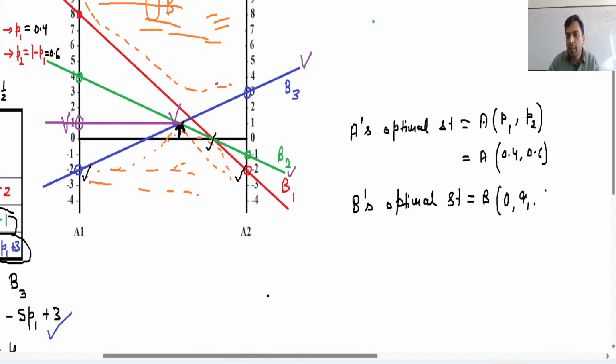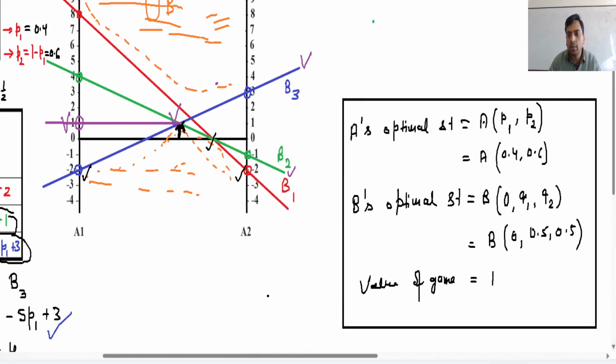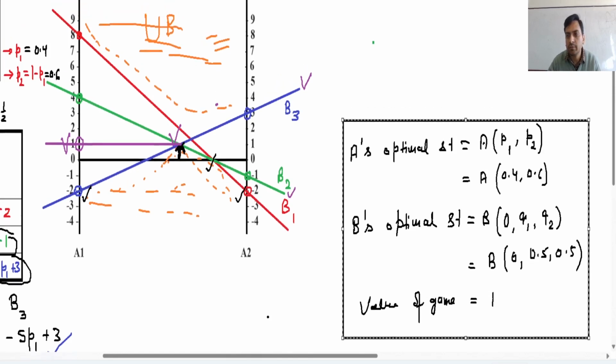Second is Q1 and third is Q2, and their proportions are: first is 0, second is 1 upon 2, that is 0.5, and third is 0.5. And the value of game is 1. So this is the complete answer for this game theory question.